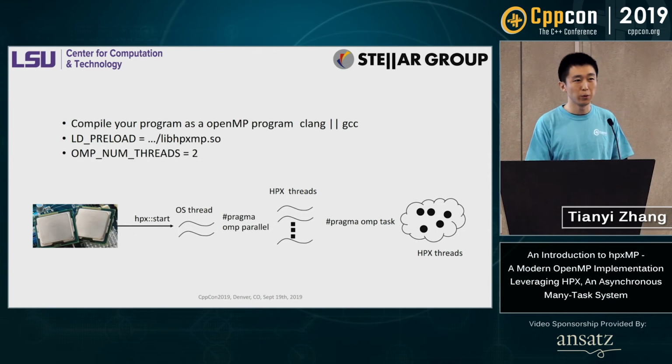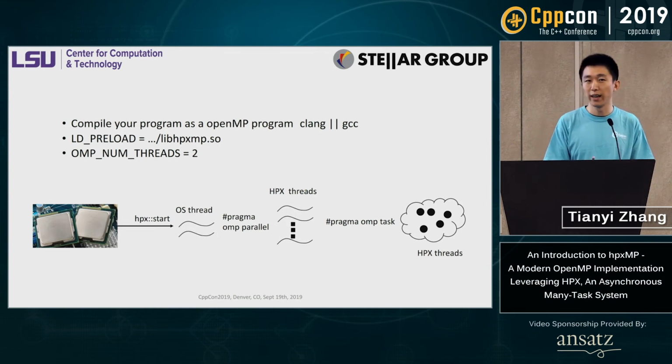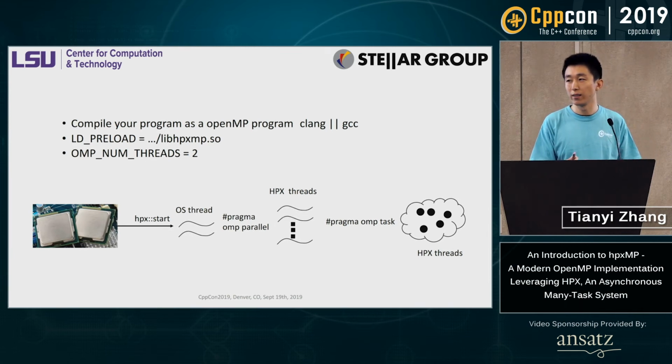If you have a program written with OpenMP, you simply compile your program with Clang or GCC with no changes. And when you run your program, you need to LD_PRELOAD the hpxMP shared library so that hpxMP will handle the HPX and the threading for you.